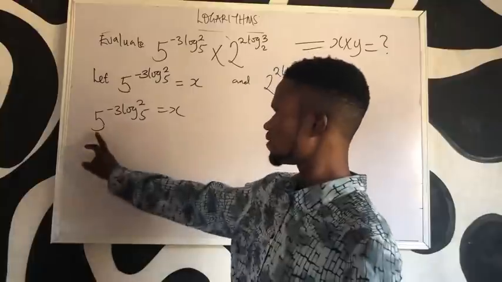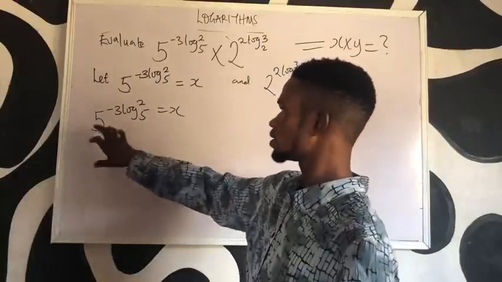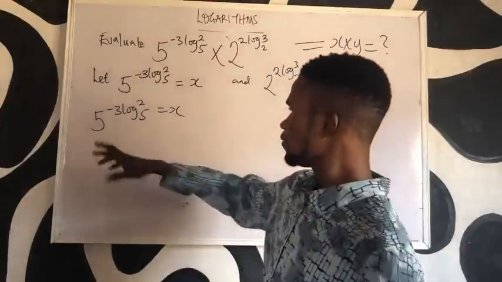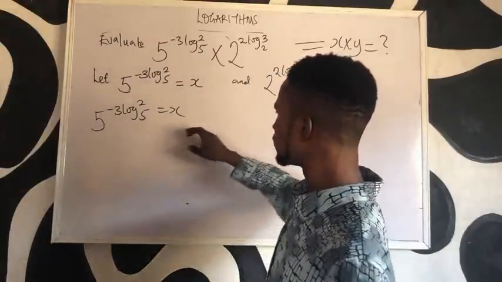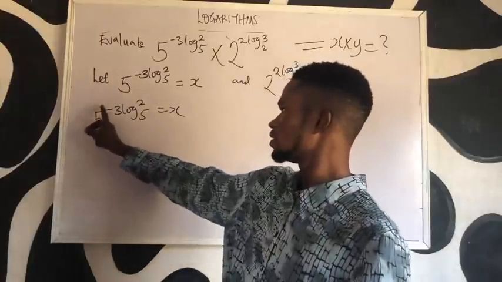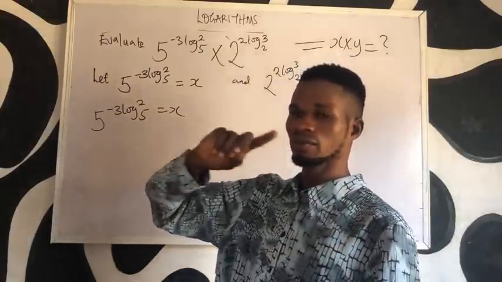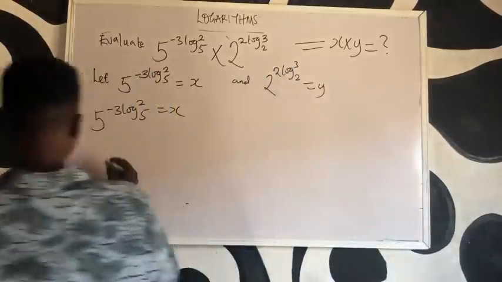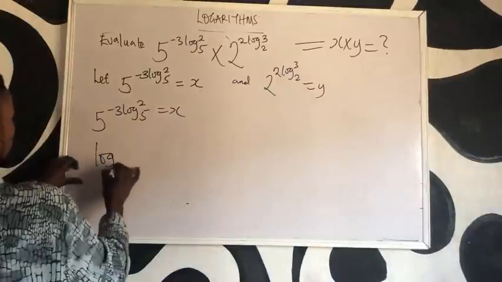We have 5 raised to power minus 3 log 2 base 5, and we remember that the logarithm of a number to its own base is 1. So if we take the logarithm of both sides to base 5, then we can get rid of this 5, and we get 1 at the end of the day. Log 5 base 5 is 1. So we take the logarithm of x to base 5.